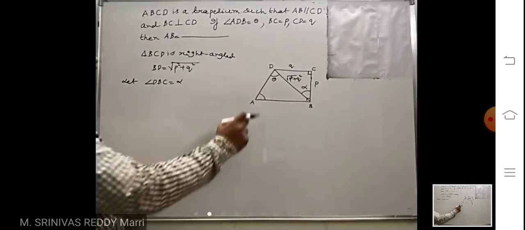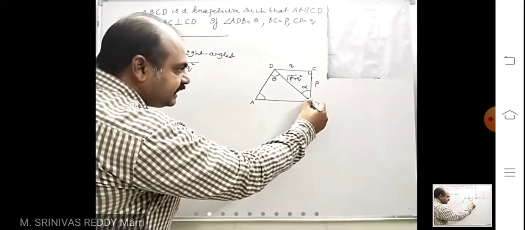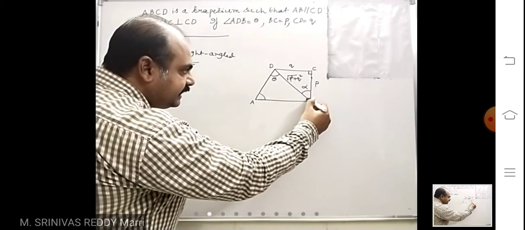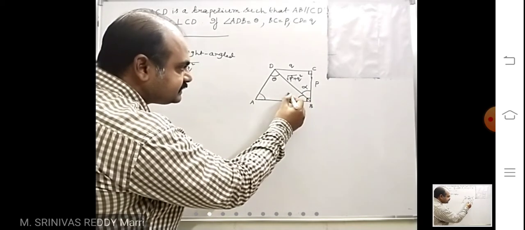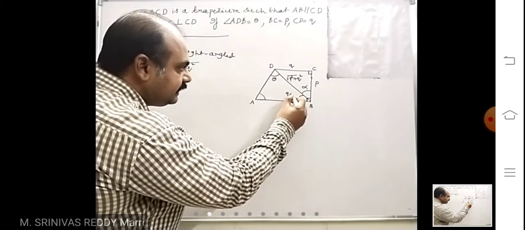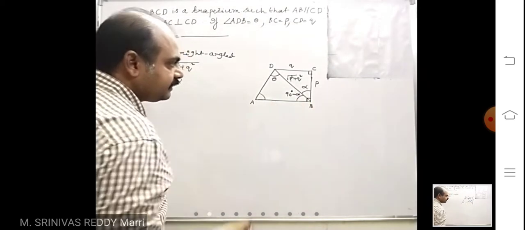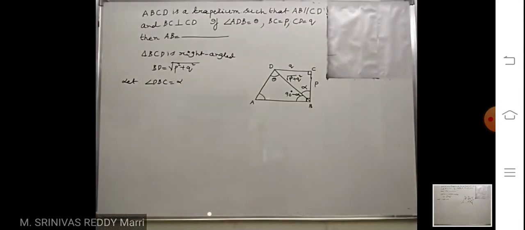Now if you look here, my target is to calculate this angle, right? This complete angle is 90 degrees, and this is alpha, therefore this angle is nothing but 90 degrees minus alpha.